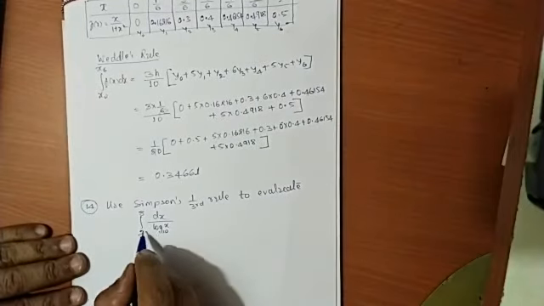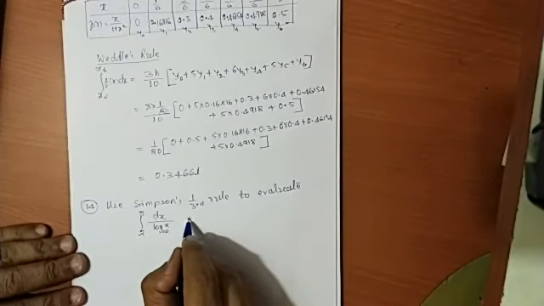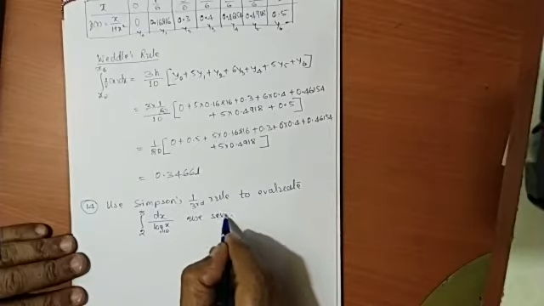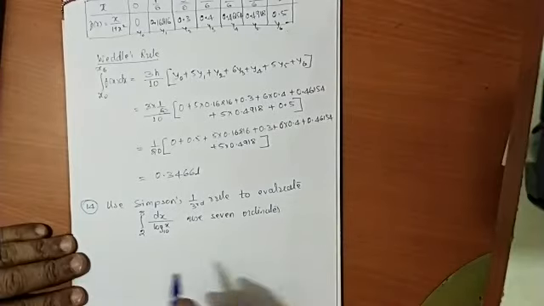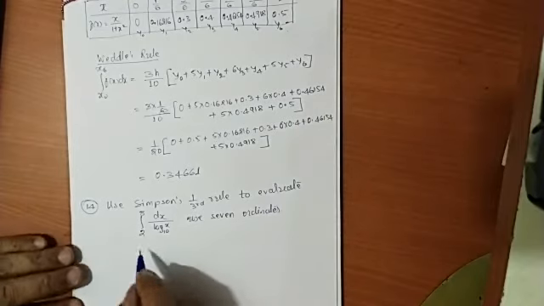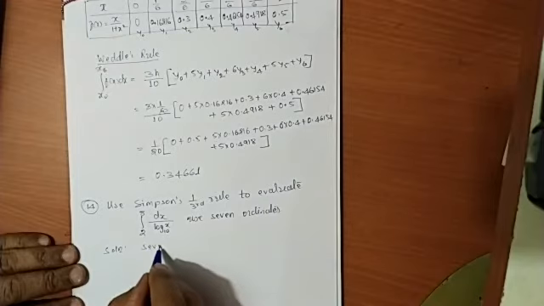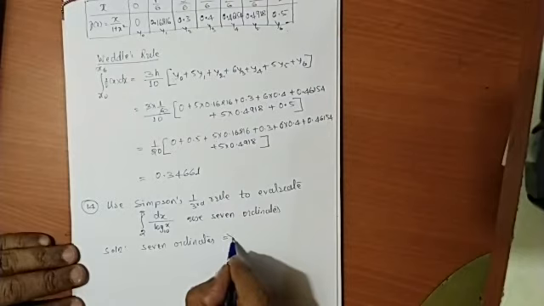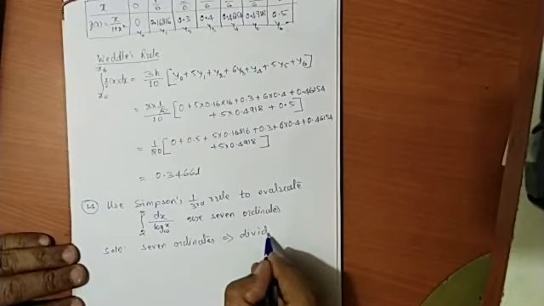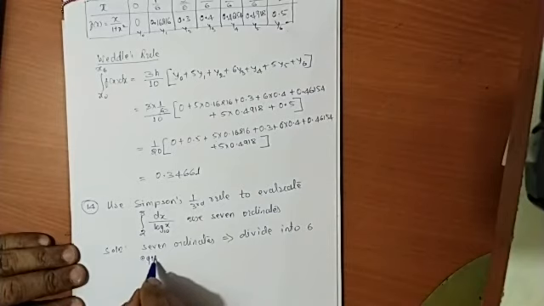So now you have to evaluate this from 2 to 8. What I will do is, with 7 ordinates, that means I should divide this into 6 equal parts. Solution. 7 ordinates implies divide into 6 equal parts.